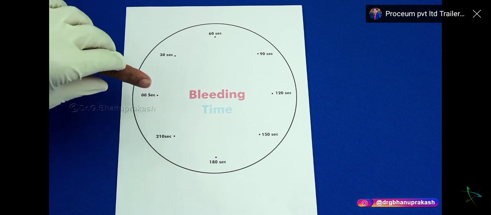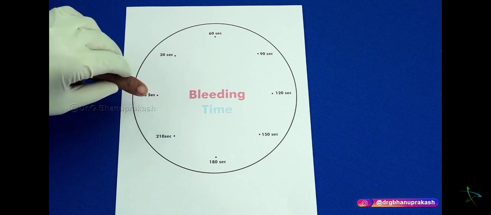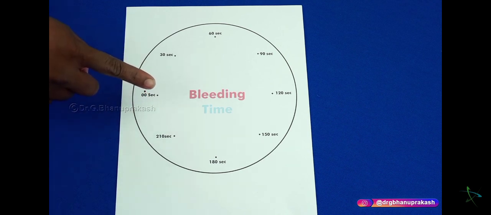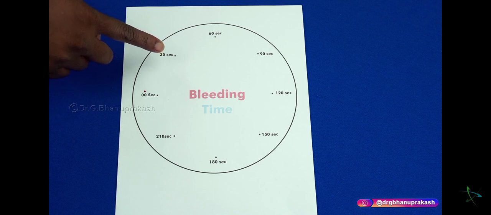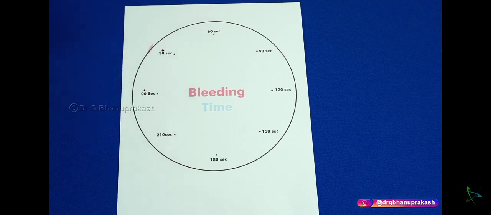Now the patient will place his first drop of blood at 0 seconds. Now the patient has to wait till 30 seconds to place his next drop of blood. Now the patient is about to place his second drop of blood at 30 seconds. Now the patient will place the next drop of blood at 60 seconds.